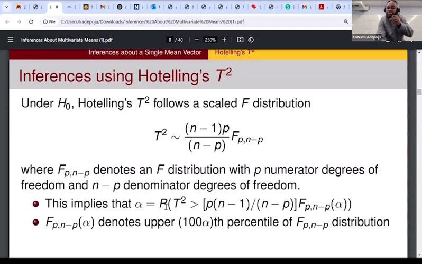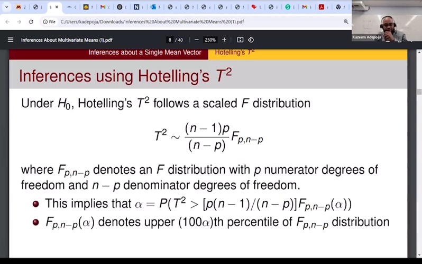Your alpha, which is the level of significance and also the maximum probability of committing a type 1 error, is going to be equal to the probability of T-squared being greater than the scaled F. If you want to figure out the p-value, don't forget the p-value is the probability of observing an extreme value when the null hypothesis is true.